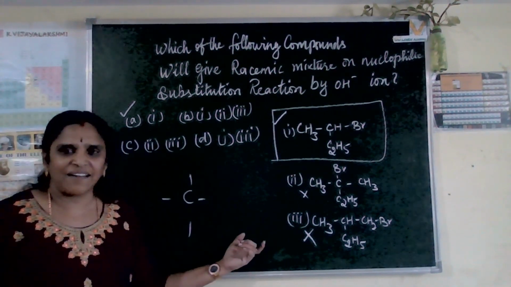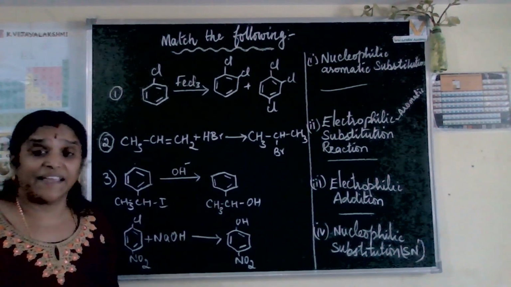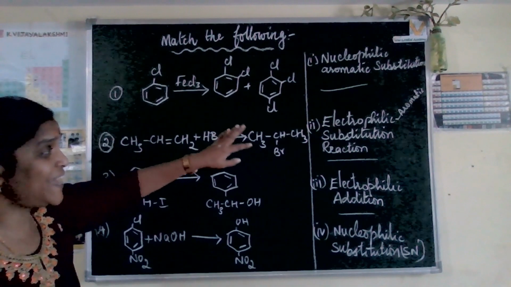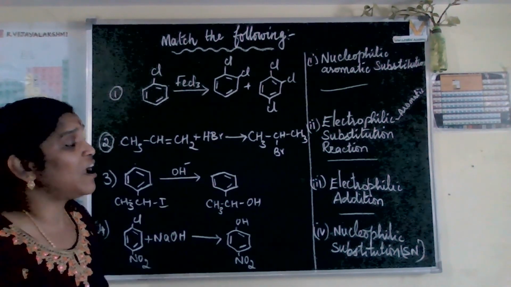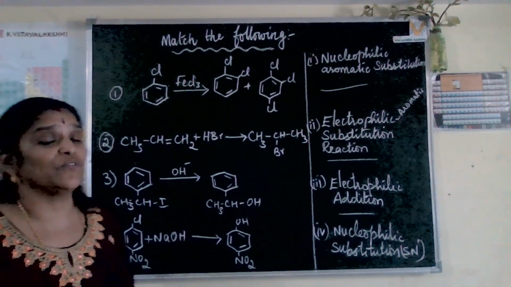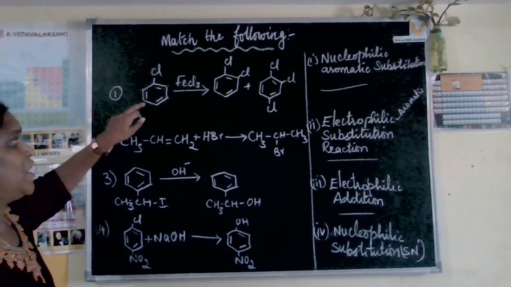Hope you understand. We'll go for some more sums. One more interesting question: match the following. In that, you will come to know all the types of reaction. When you look at the equation, you will know what kind of reaction mechanism it is.